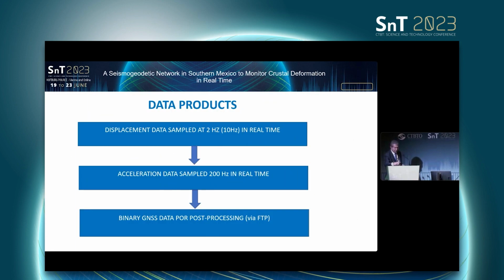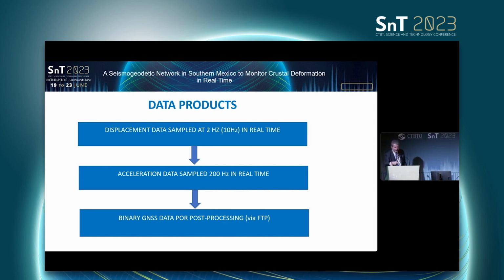You have one, strong motion, just regular strong motion data, sampled at 200 samples a second. You have a high quality, and I will show you some results, surface deformation data that we believe we have accomplished to about plus or minus 2 millimeters, a little bit more in the vertical, using this Kalman filter plus the real-time dynamic correction that is provided by the manufacturer.